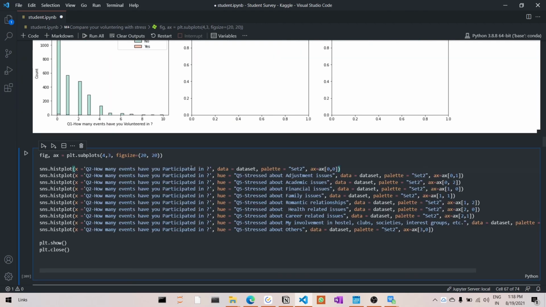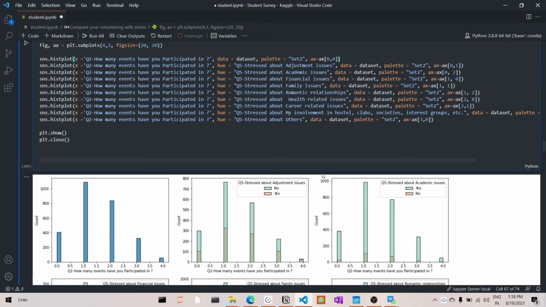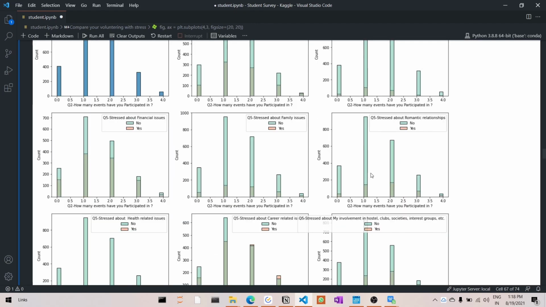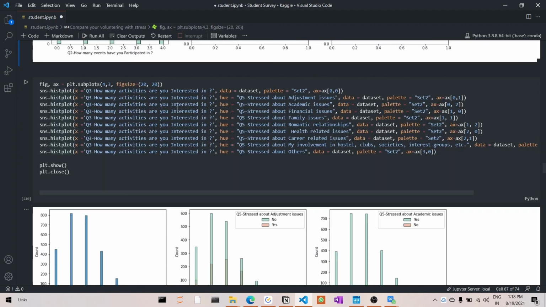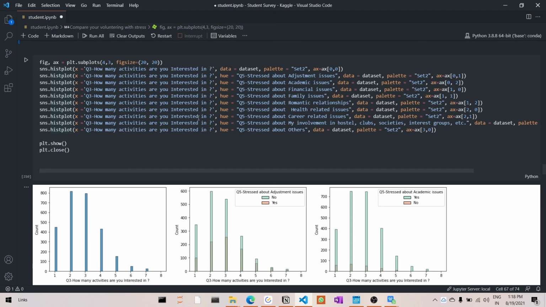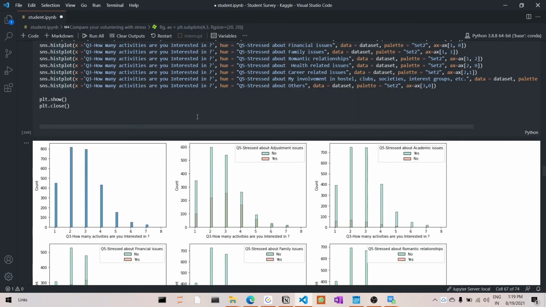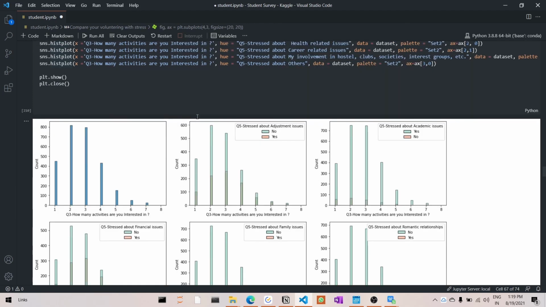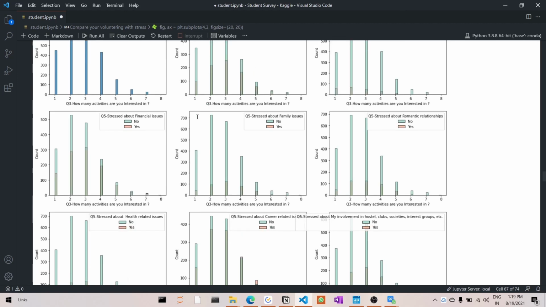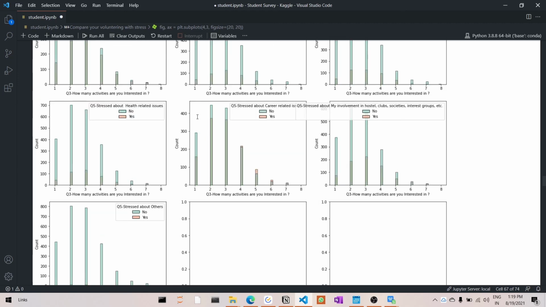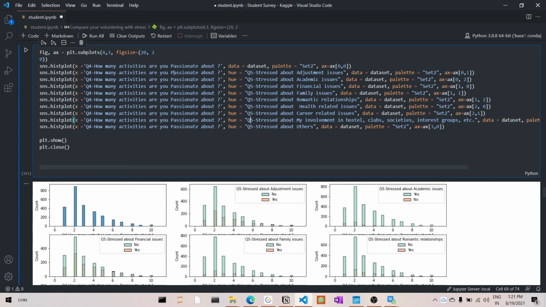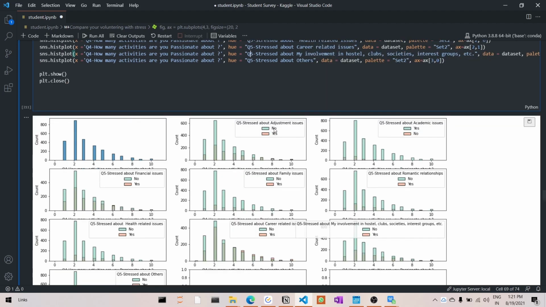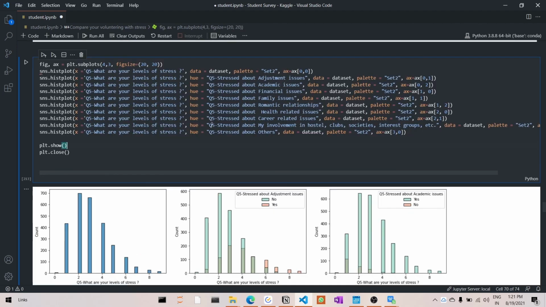Next we can see the participation count related to various stress. Then how many activities are you interested in and various stress count. Then you can see how many activities are you passionate about and various stress count. Then you can see what is your level of stress compared with the stress count.